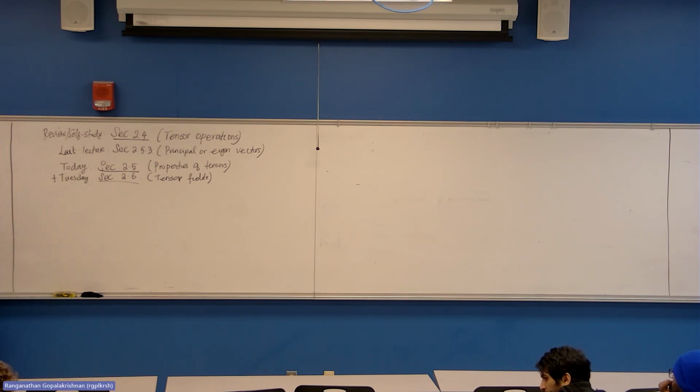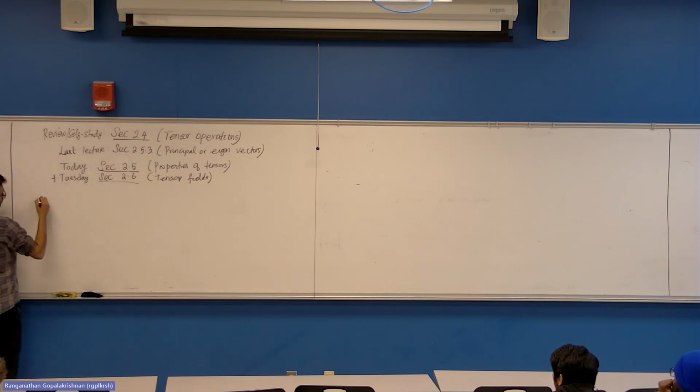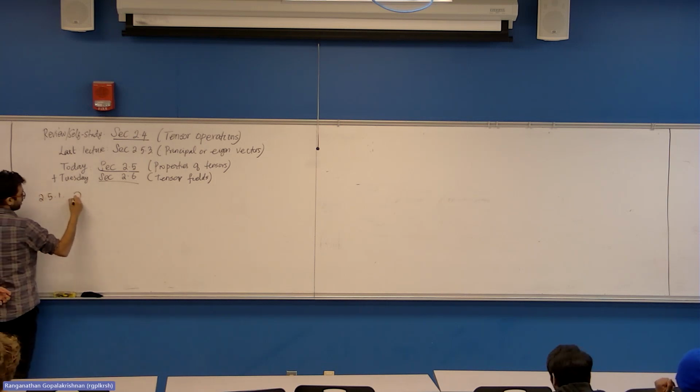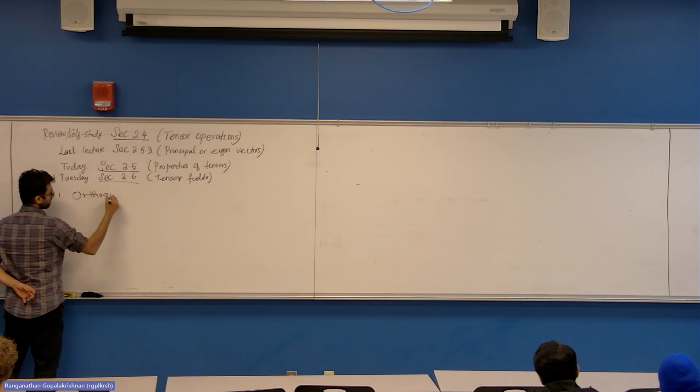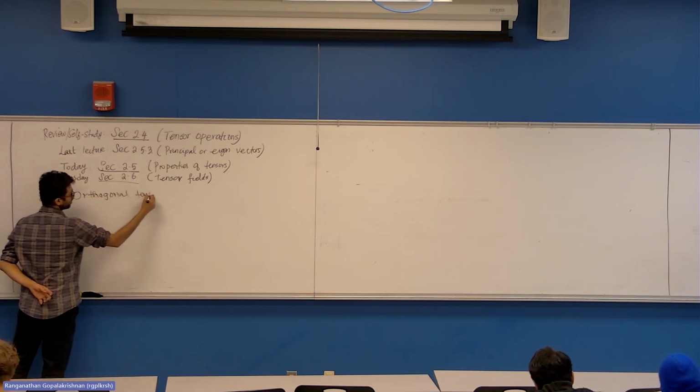All right. So I want to start with the properties of tensors. The first property we are going to see, 2.5.1, is orthogonal tensors. What is an orthogonal tensor?